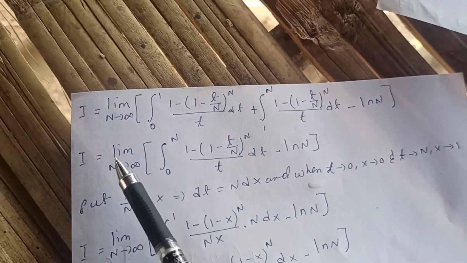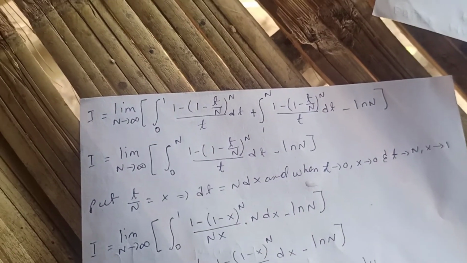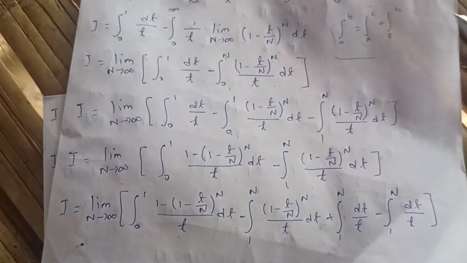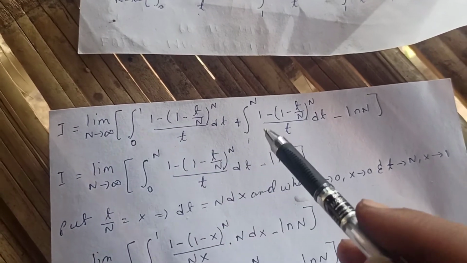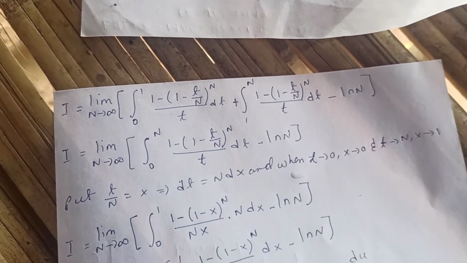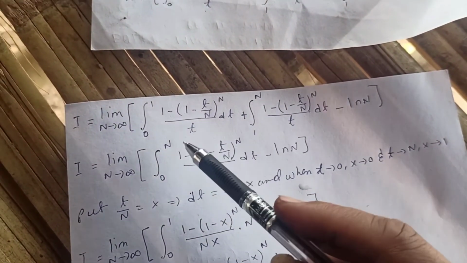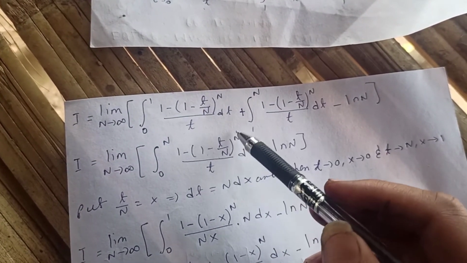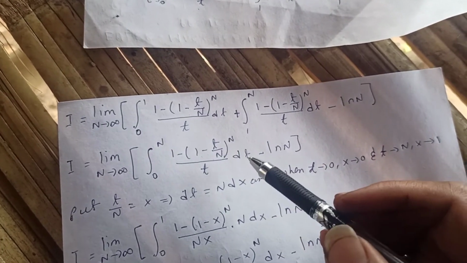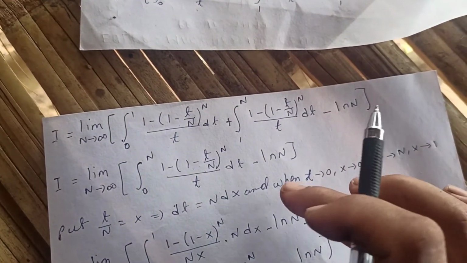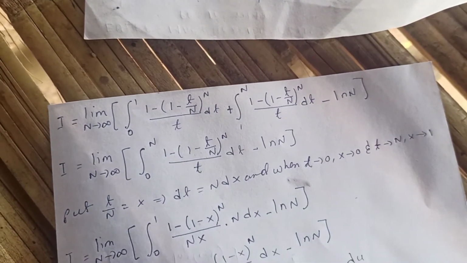Which is I equal to the limit as n tends to infinity. Because of the integral property, we can combine these two again: 0 to 1 and 1 to n is the same as 0 to n. So the integral from 0 to n of (1 − t/n)^n upon t dt, because the integrand is the same thing, minus log n. Now let's do the substitution method.